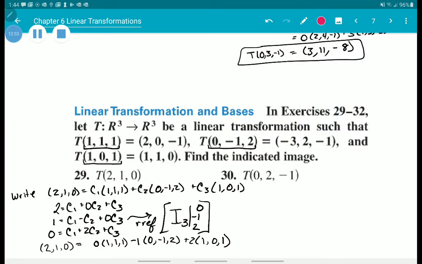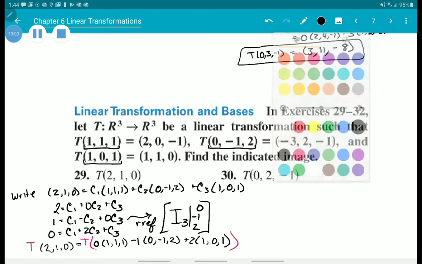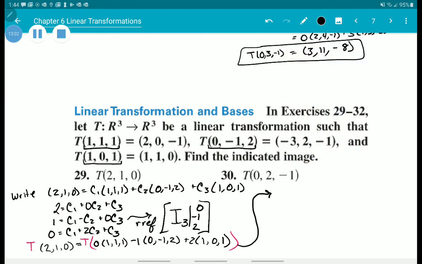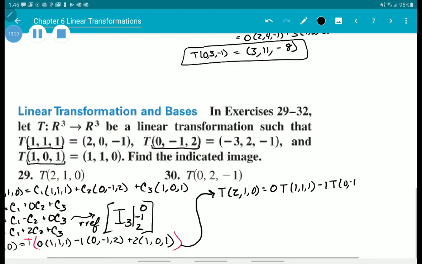So now if we take the transformation, we're going to take the transformation of both sides. And that's going to be equivalent to, and I'm going to write it this way, 0 times the transformation of 1, 1, 1 minus 1 times the transformation of 0, negative 1, and 2 plus 2 times the transformation of 1, 0, 1.